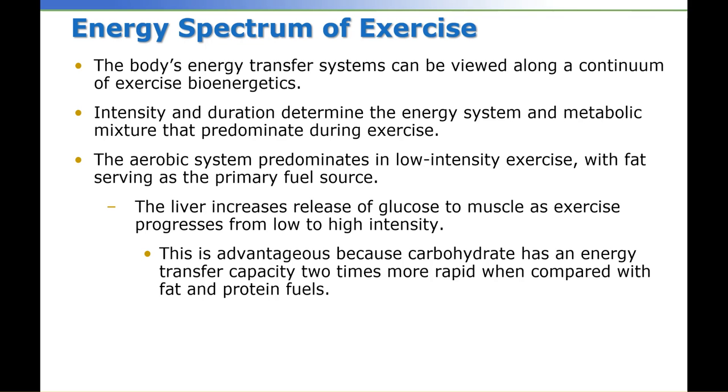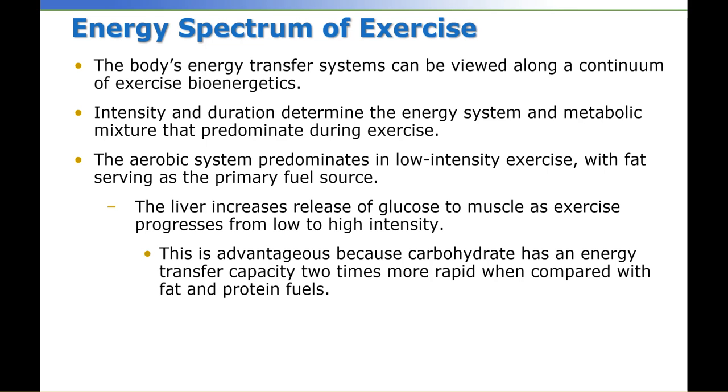Okay, if you're doing something like a 400-meter run, up to 2 minutes, you're using your glycolytic system, or your lactic acid system. It's the same thing. So intensity and duration determine what energy system you're using, and you obviously can train those things.